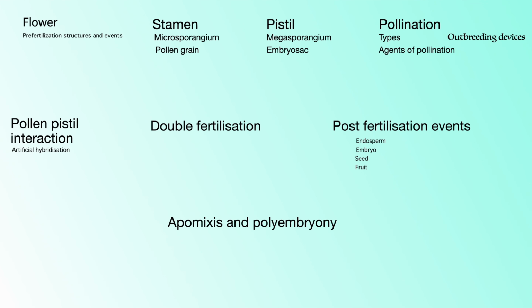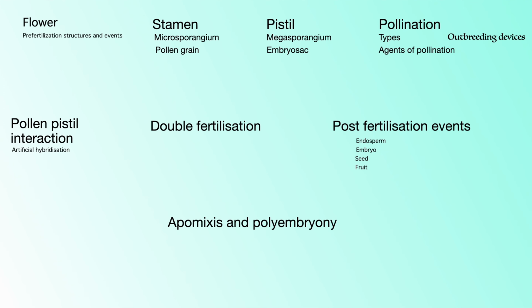There are several ways of development of apomictic seeds. In one way, in some species, a diploid egg cell is formed. If you remember what we have studied, the egg cell formed was haploid.